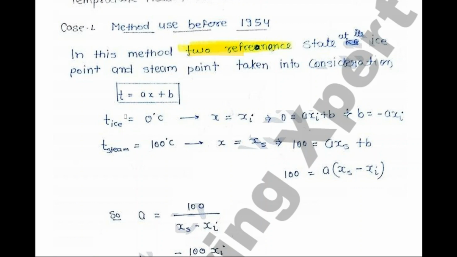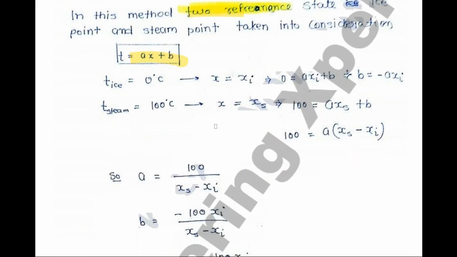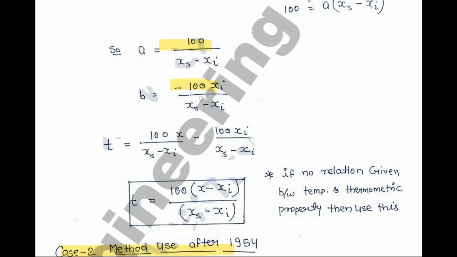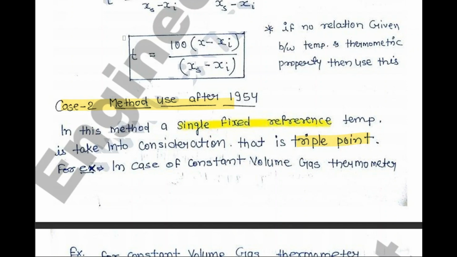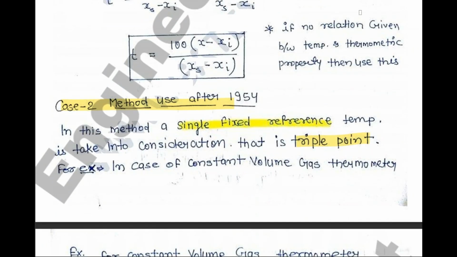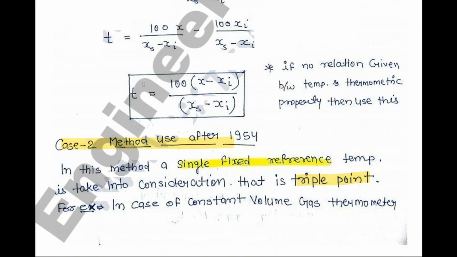We put these values in the given equation and find the values of A and B. After that we put them back in the equation, and then we are able to find a relation for T as a function of X. If no relation is given between temperature and the thermometric property, then use this, but mostly these relations are given.